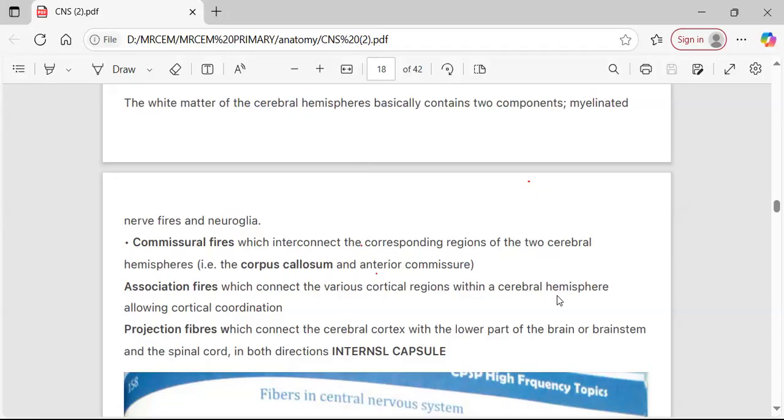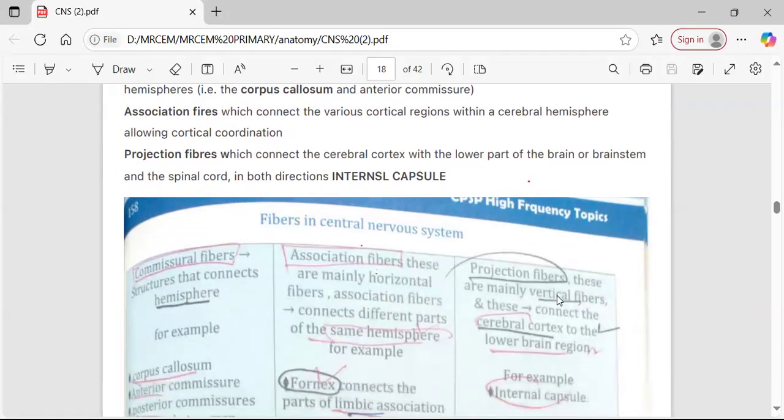Association fibers connect the various cortical regions, and projection fibers connect the cerebral cortex with the lower part of the brain, brain stem, and spinal cord, that is the internal capsule. Always remember the projection fibers connect the cerebral cortex with the lower parts of the brain, and that is the internal capsule. Association fibers connect the various cortical regions. And the commissural fibers interconnect the regions of the two cerebral hemispheres.